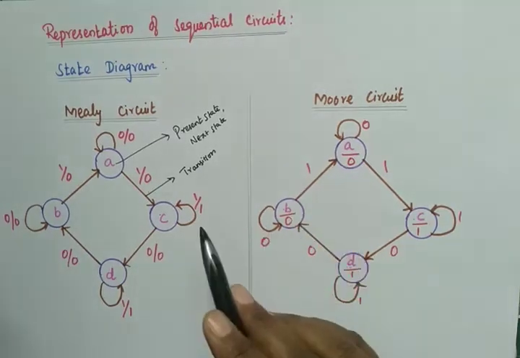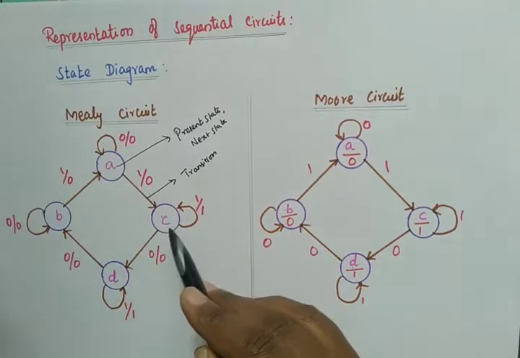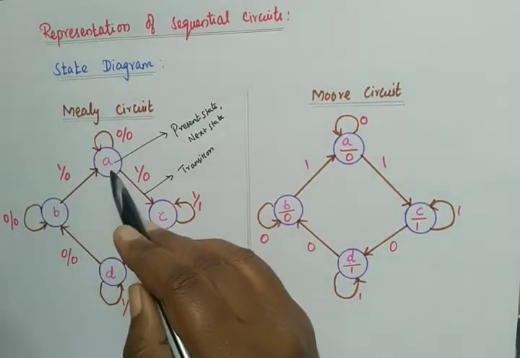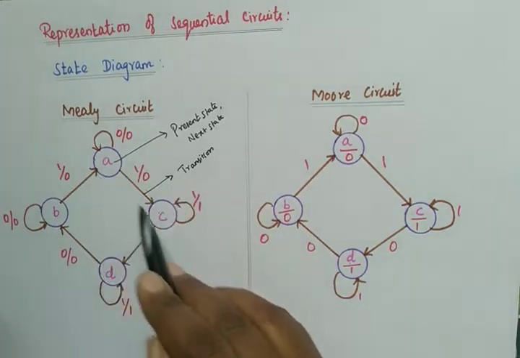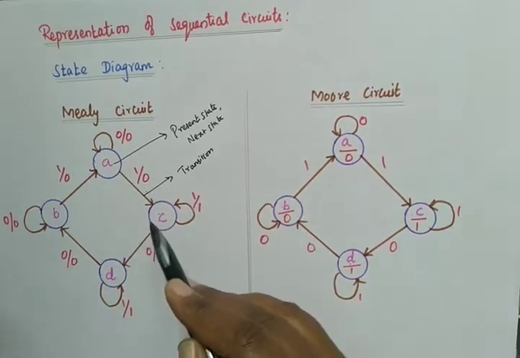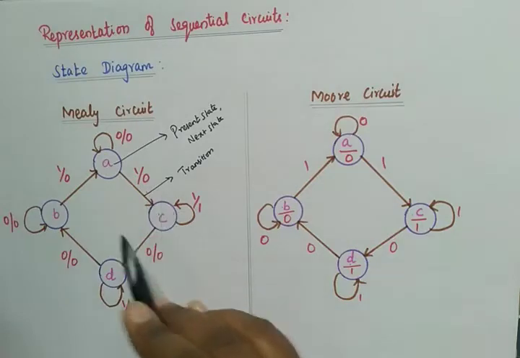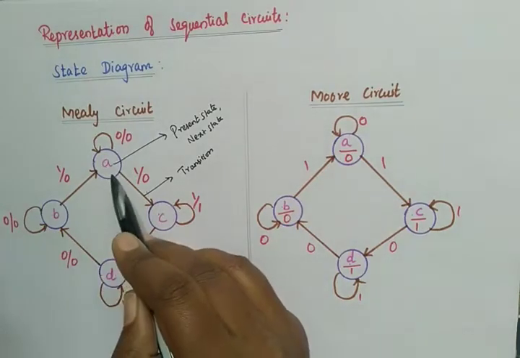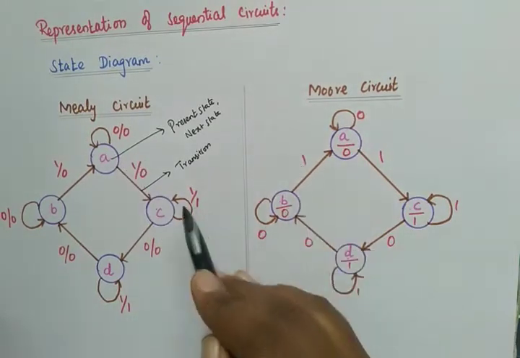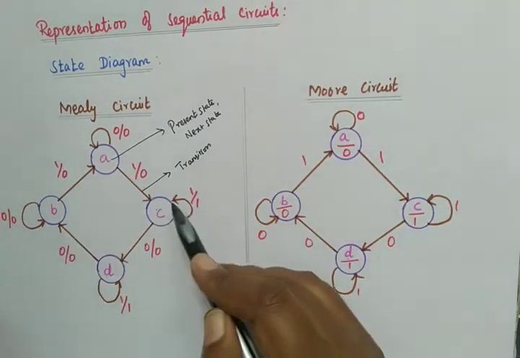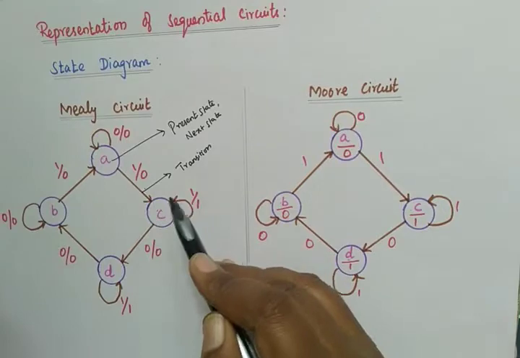So where it is connected: here A goes to C, then B goes to A. This line represents the transition of the states, whether A is moving to B or A is moving to C. And here we have 0, 0, 1, 0, 1. Everything represents the states as well as output.